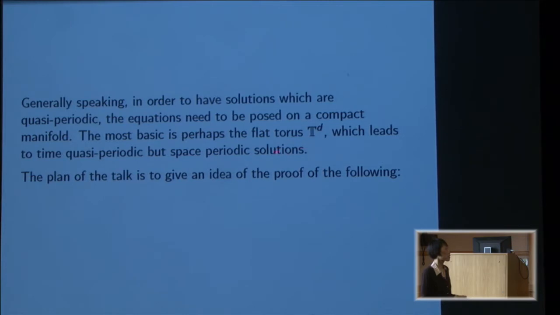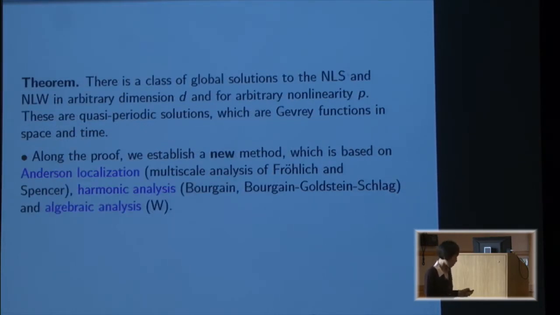You can lift the torus to periodic R^d. Okay? So this is our setting. And the plan of the talk is to give an idea. Okay, so I can only give some indications of the proof of the following. Now we have a theorem.